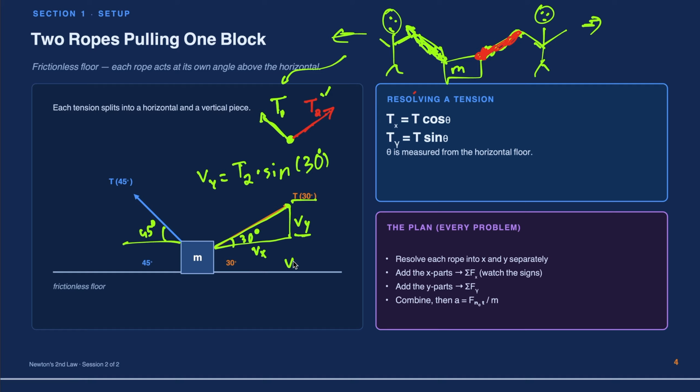And Vx here is going to be T2 times cosine of 30 degrees. What about T1? Same thing here. T1 times cosine of 45 degrees is going to be equal to Vx, and T1 times sine of 45 degrees is going to be equal to Vy.